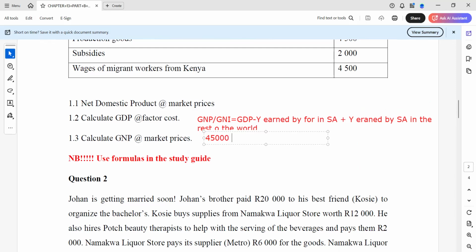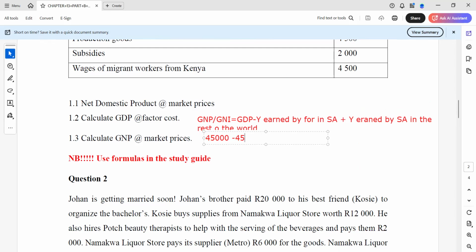Then you're going to subtract the income which is earned by the foreigners in SA, which is what? 1,500, plus the income which was earned by Bafana Bafana in Japan, right? And Bafana Bafana is, oh no, it is vice versa.